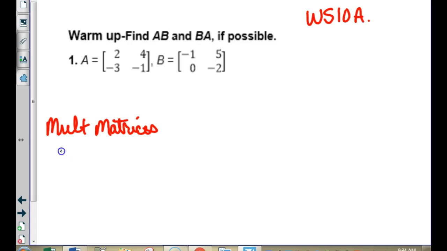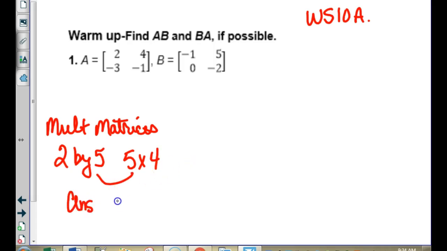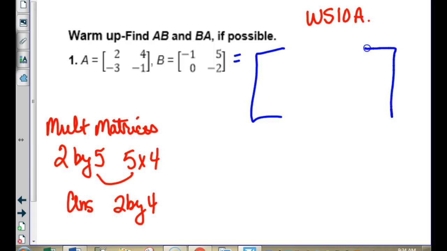Like if I had a 2 by 5, tell me one I could multiply it by. Okay? Because these have to be the same, and the resulting matrix would be a 2 by 4. Everybody remembers that business? Okay. This example is just a 2 by 2 times a 2 by 2, so it's okay. We can do it, and we'll get a 2 by 2.